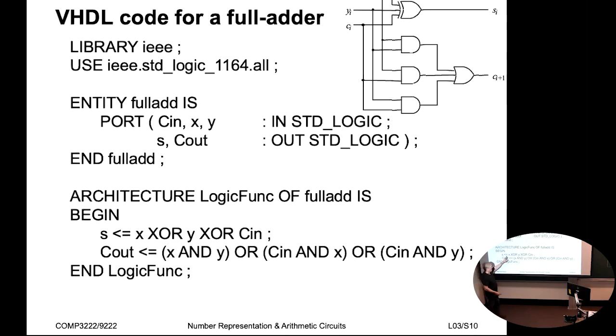S is X exclusive OR Y exclusive OR Cn. XOR is a binary operator, so we can write it this way. We don't need parentheses because exclusive OR is associative. All binary operators are associative. So if that's the meaning we want for a 3-input exclusive OR, it doesn't matter what order we list them in, and it doesn't matter where we put the parentheses. For carry out, it's literally just the sum of product expression that I have depicted there.